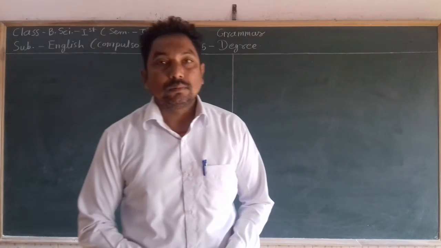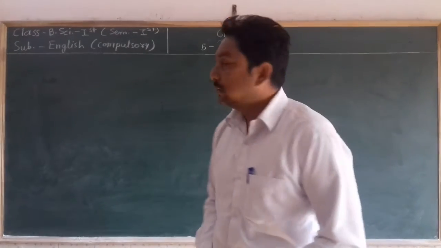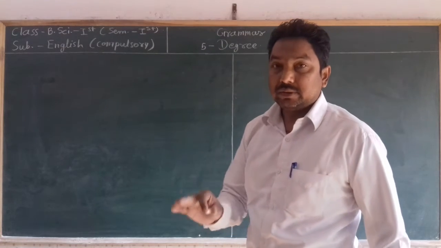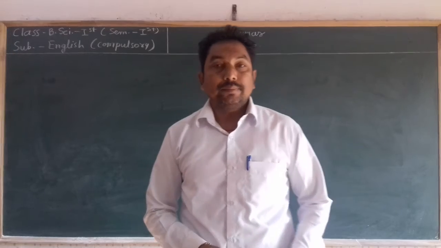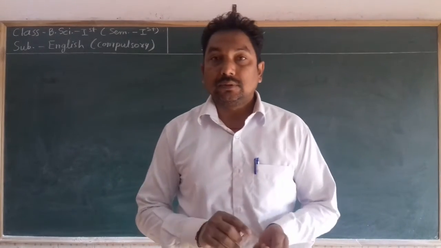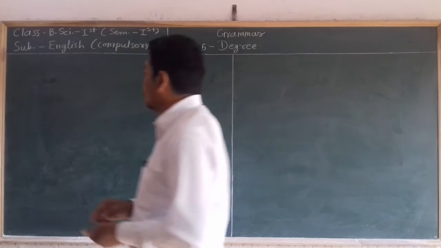Hello students, today we are going to start the new topic of grammar, that is number 5, degree. Particularly in degree there are three types of degree in the English language.